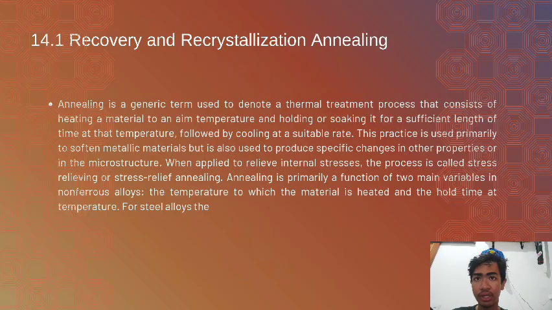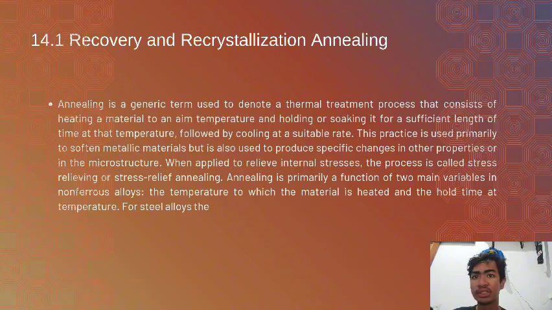14.1 Recovery and Recrystallization Annealing. Annealing is a generic term used to denote a thermal treatment process that consists of heating a material to an elevated temperature and holding or soaking it for a sufficient length of time at that temperature, followed by cooling at a suitable rate.